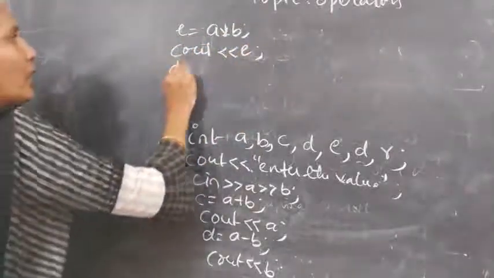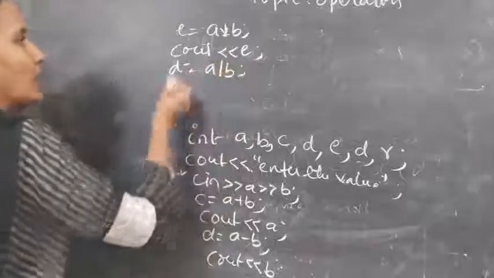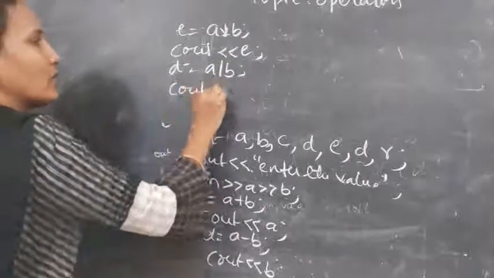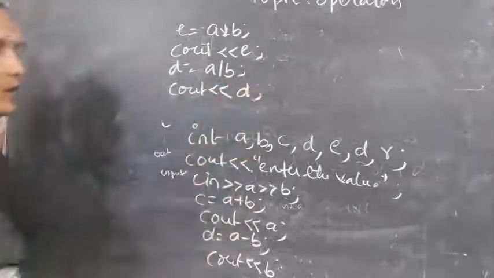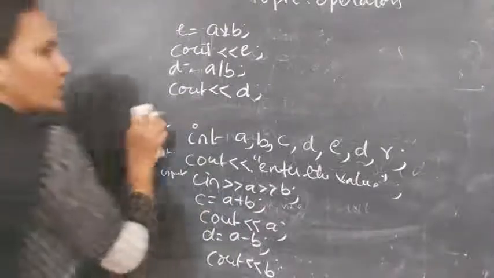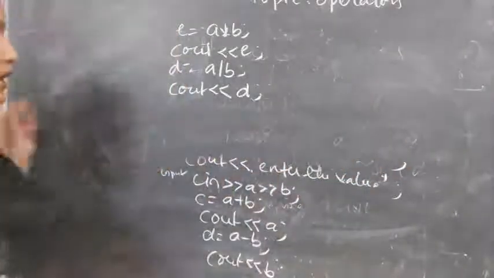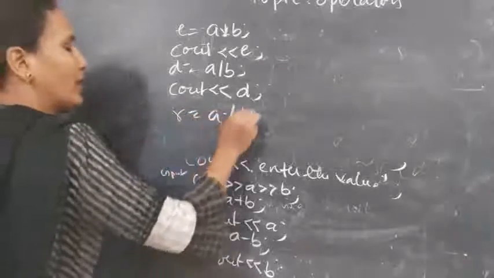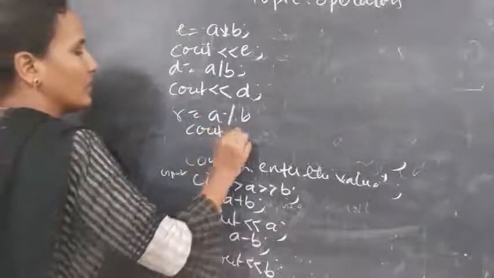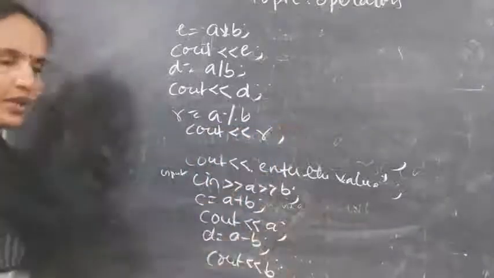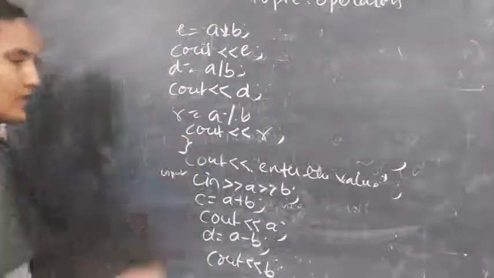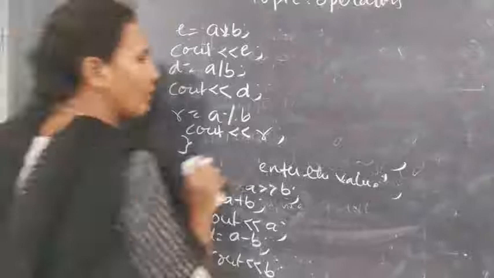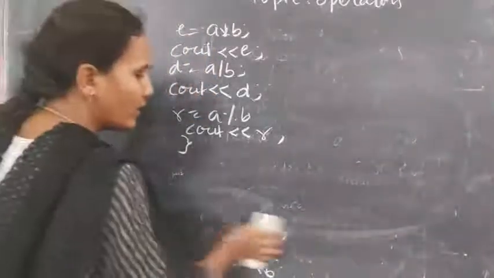Now d equals a by b. cout d. Like this, you write. The next one is r for the modulus. r equals a modulus b. cout r. After that, close this. Okay. This is a simple program which illustrates all your arithmetic operators.